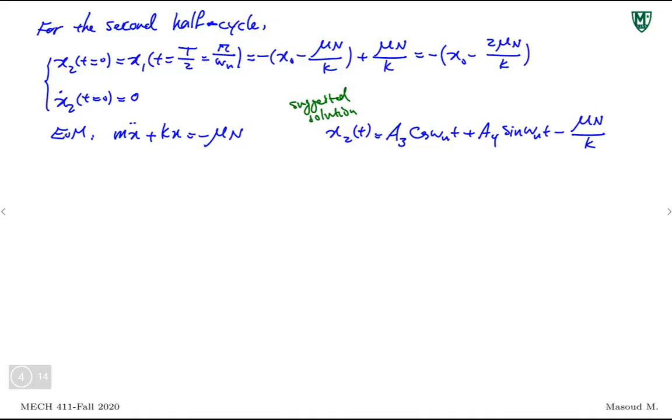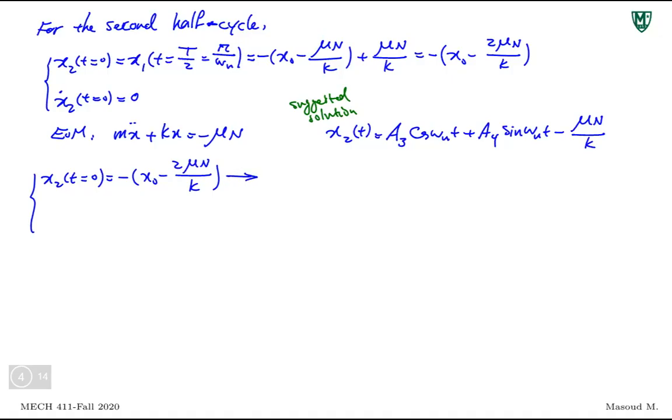So we have the suggested solution. We have the initial conditions. All we need to do is plug in. So x2 of t at t equals 0 becomes minus x naught minus 2 mu n over k. We found it from before.